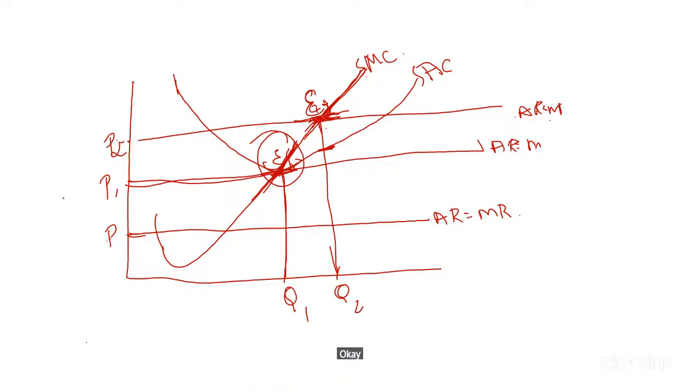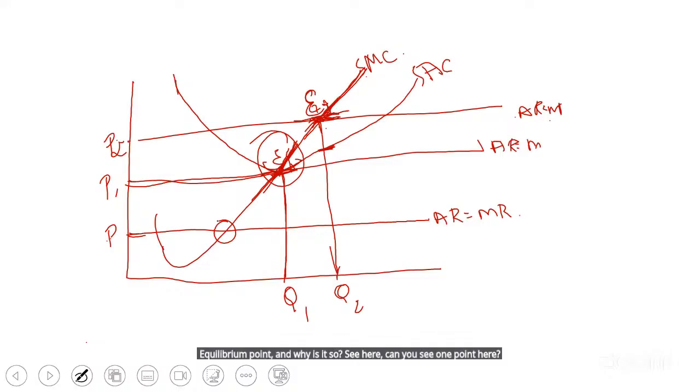Now let us see there are other points which are not equilibrium points, and why is it so? Can you see one point here? Why did I not consider that as an equilibrium point? Just check. First condition, MC should be equal to MR. Yes, fulfilled. MC should be increasing. Yes, fulfilled. Third condition, MC should cut MR from below.